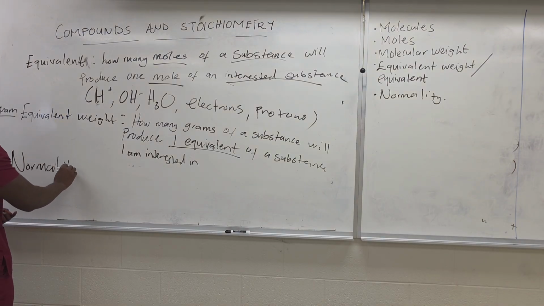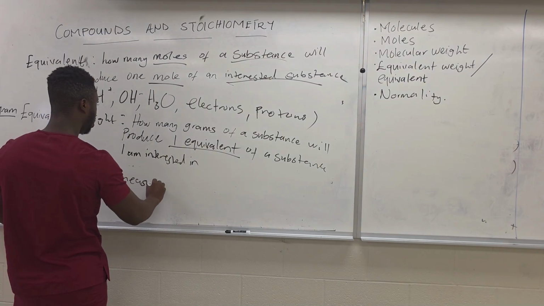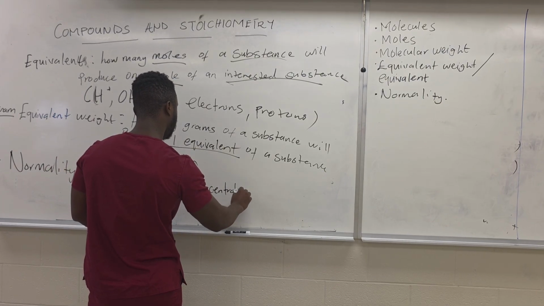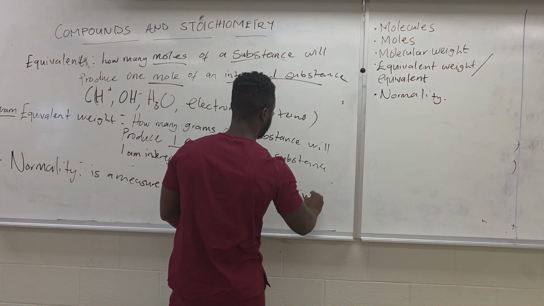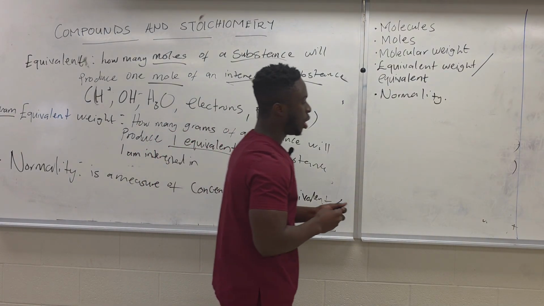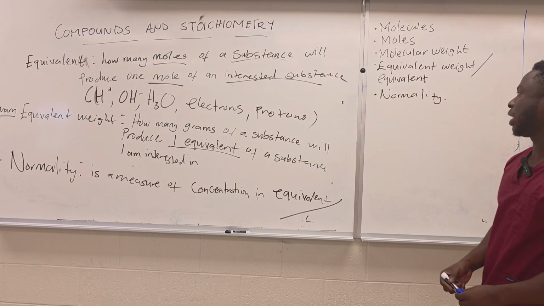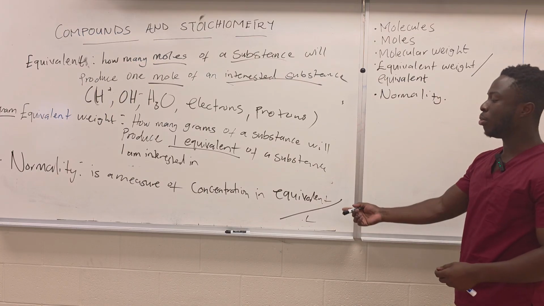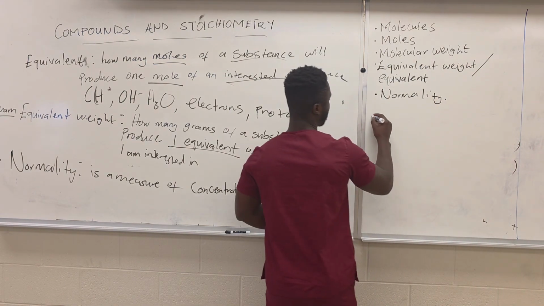So normality is a measure of concentration in equivalents per liter, right? So if we say one normality of sulfuric acid, we mean that the sulfuric acid has 1 mole per liter of hydrogen ion concentration in it.